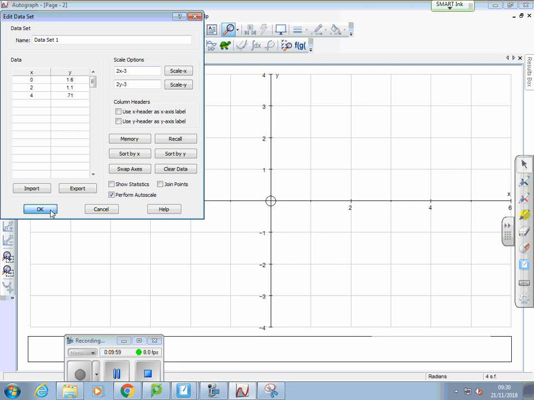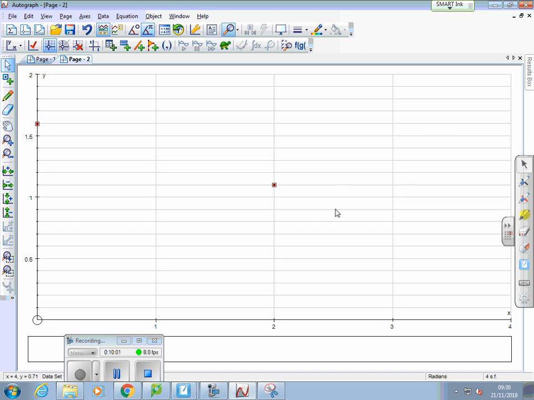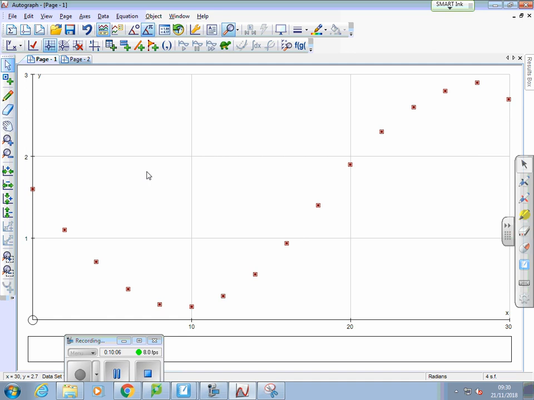When you've finished the whole data and you click OK, it puts those data points on your graph, and the full version is that.